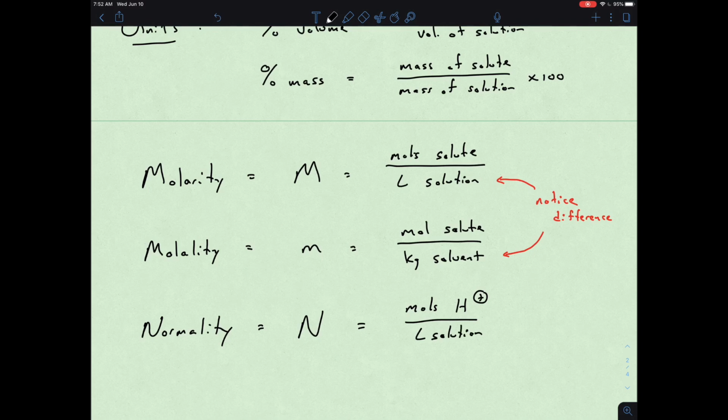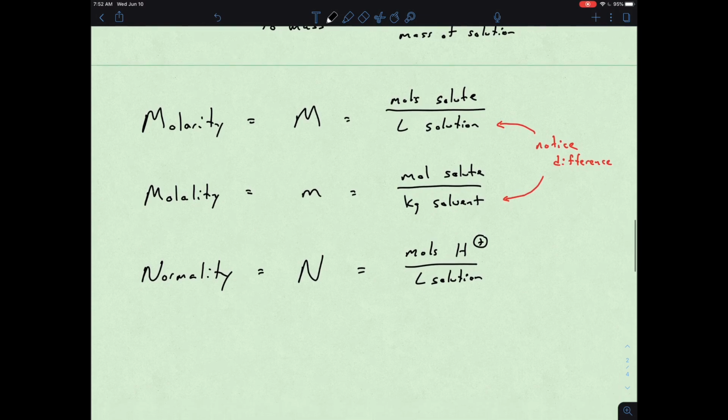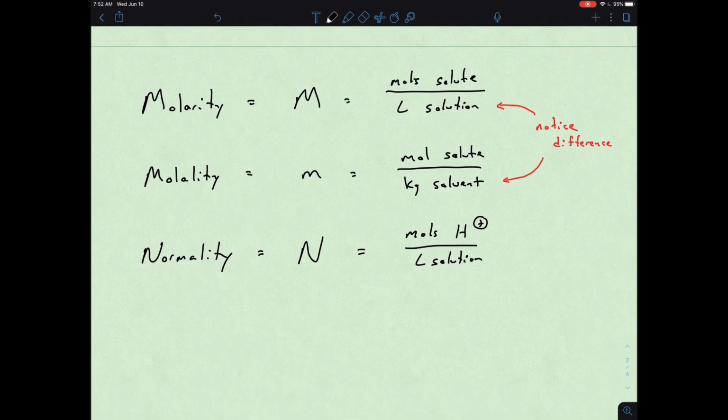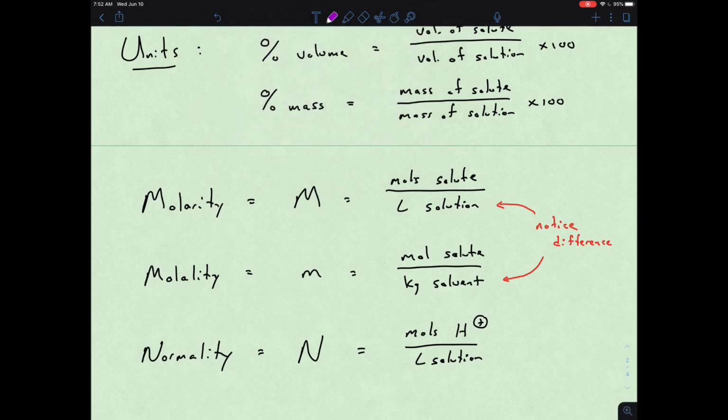So kind of like a molarity, but subtly different in that it's specific to moles of H plus as what's considered the solute. The ones that we're going to see a lot are the ones we've been talking about: our volume percent, our mass percent, our molarity, and our molality.